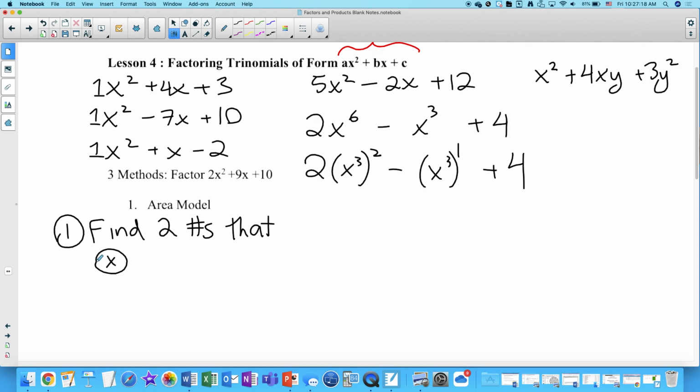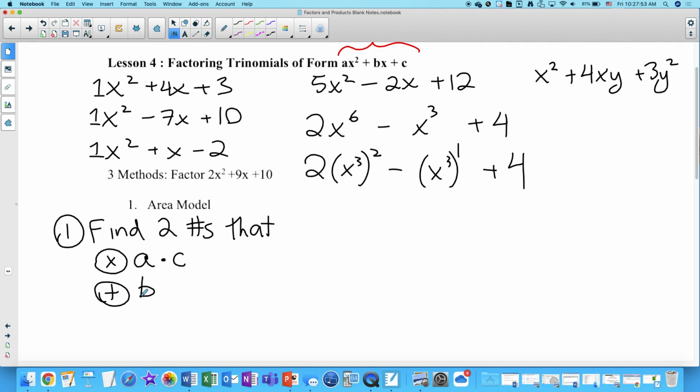This one was 2 and -1, that's -2. But in fact they have to multiply to a times c. The reason it didn't matter in the ones that we did is because the value of a was 1. A is the coefficient of x squared. So they need to multiply to a times c and add to the coefficient of x, that was the b value.